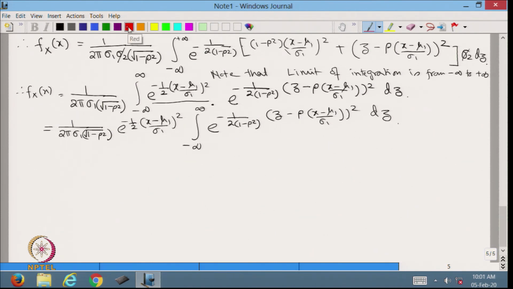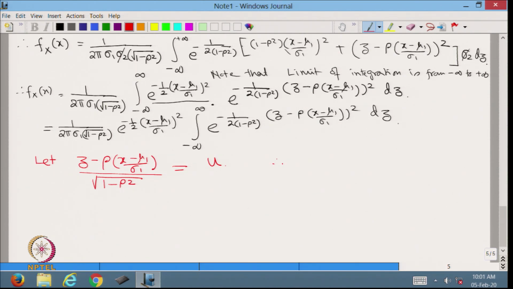Now, let us make another transformation. Let (z − ρ(x − μ1)/σ1) upon root over (1 − ρ²) be equal to u.